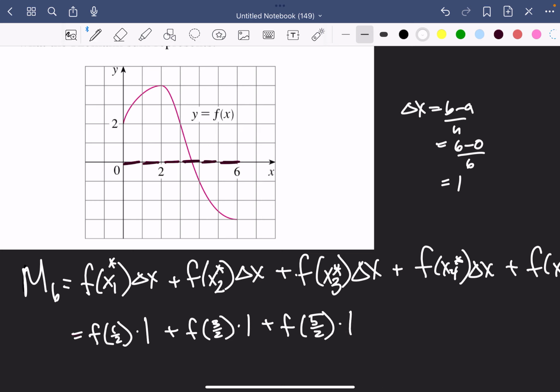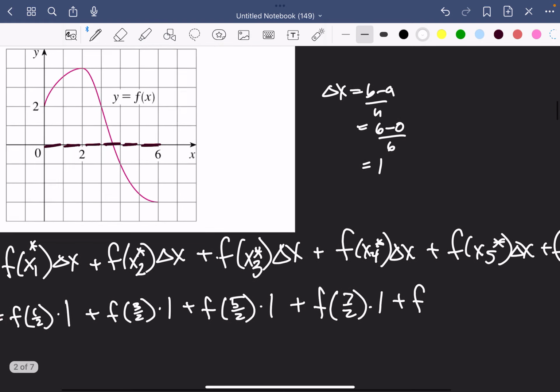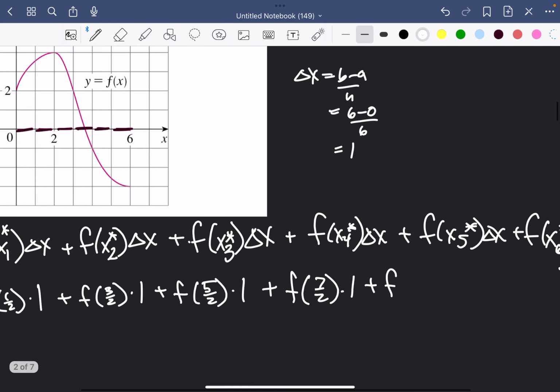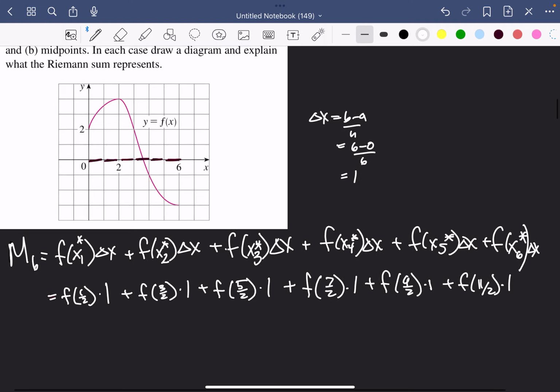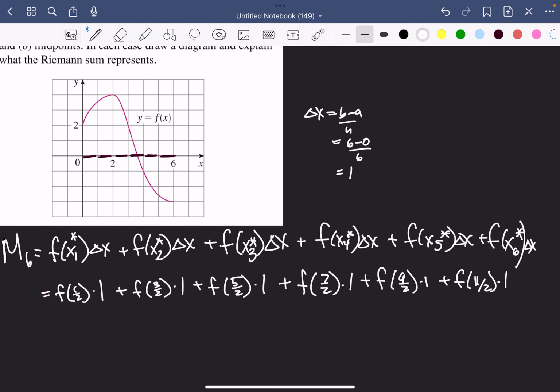Delta x is 1, plus, and notice we just go up by 1 every time. So this is going to be f of 7/2 times 1, and this is going to be f of 9/2 times 1. And this is going to be f of 11/2 times 1. So notice we just end up having 1 times all these things.